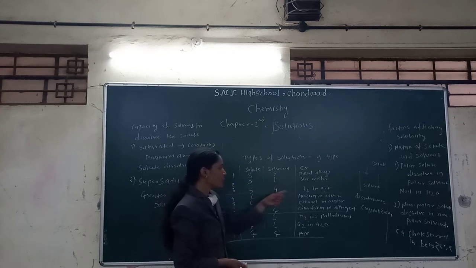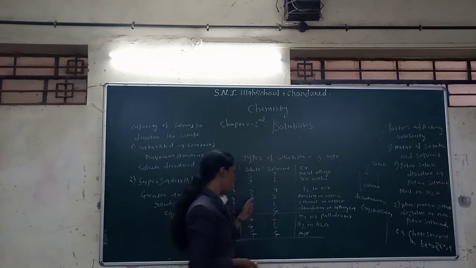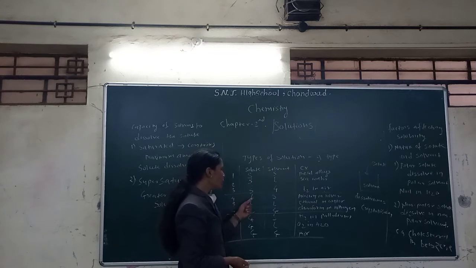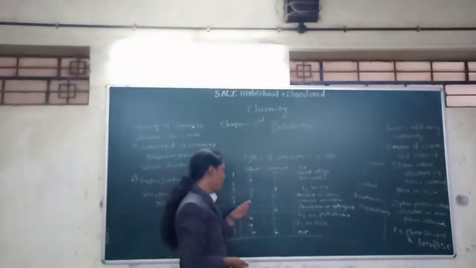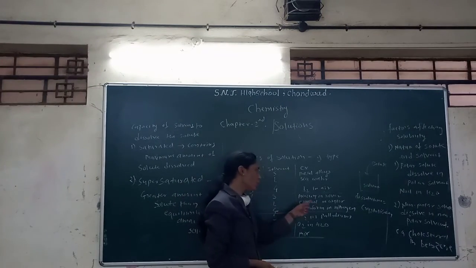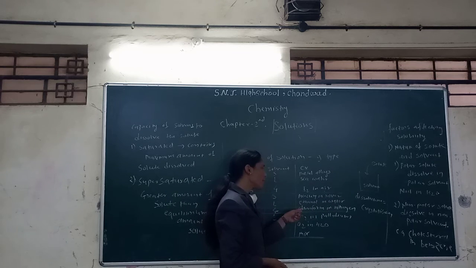Iodine is the solid dissolved in the air. Again, solute is liquid and solvent is solid, means mercury as a liquid in silver. Silver is solid. Again, liquid in liquid means ethanol in water. Ethanol is dissolved in the water. Again, liquid in gases, chloroform as a liquid dissolved in gases, means in nitrogen.